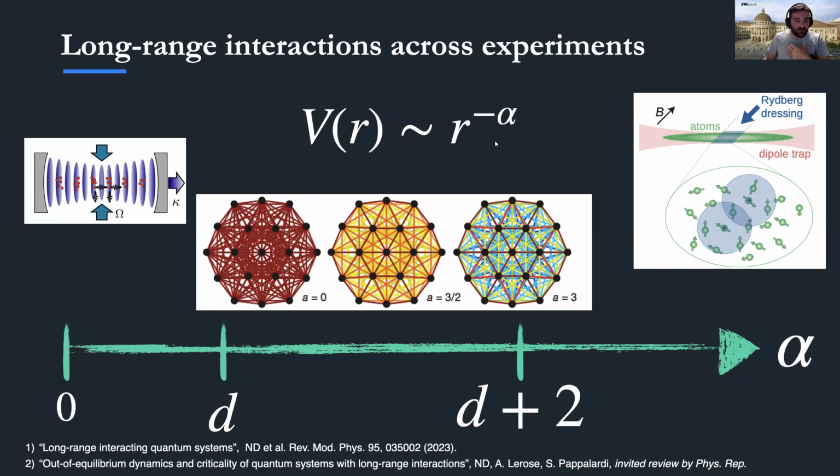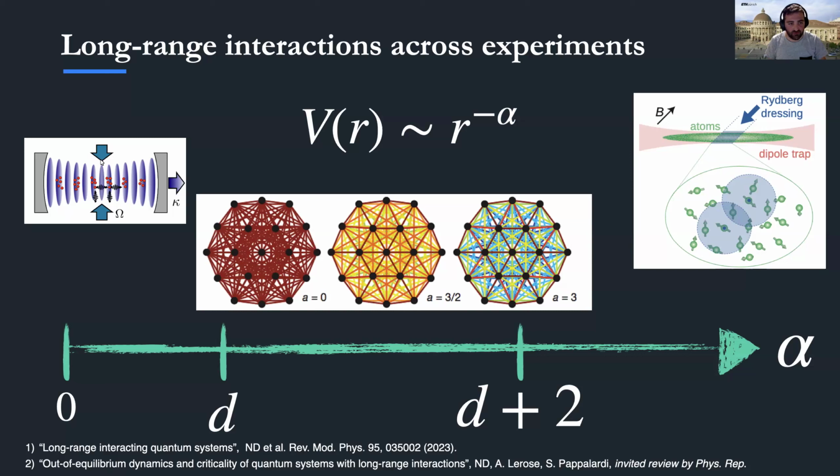And as I say, these kinds of interactions are quite common nowadays because they can be realized across different quantum simulators. For example, there is the case of cold atoms in cavities, where we confine a quantum gas within an optical resonator. When you pump the optical cavity with a laser field transversally to the cavity direction, the light is scattered by the atoms in the transverse direction within the cavity.